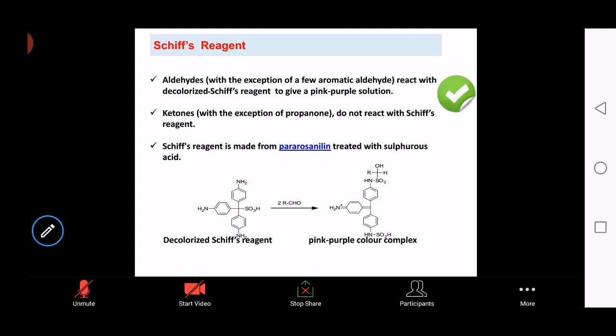So basically Schiff's test ni adalah untuk differentiate between aldehyde and ketone. Kalau aldehyde dia akan give positive result. Kita boleh nampak perubahan daripada decolorized, tak ada color, daripada Schiff's reagent tu berubah menjadi pink purple color bila dia react dengan aldehyde. Tapi bila dia react dengan ketone tak ada apa-apa yang berlaku.